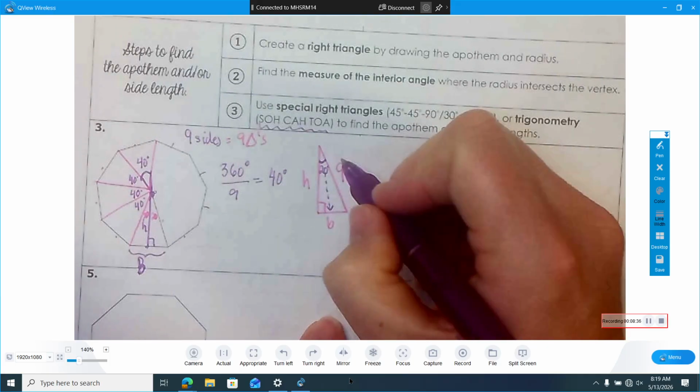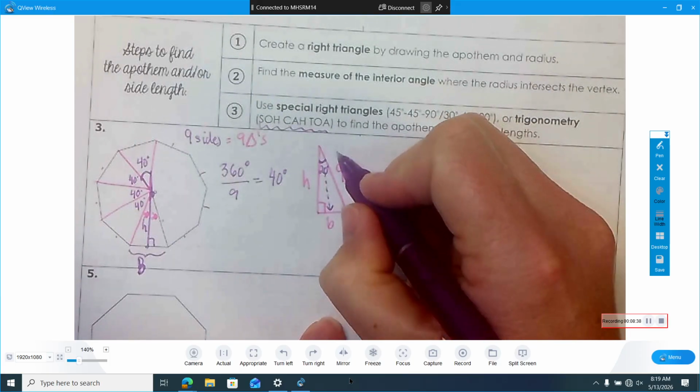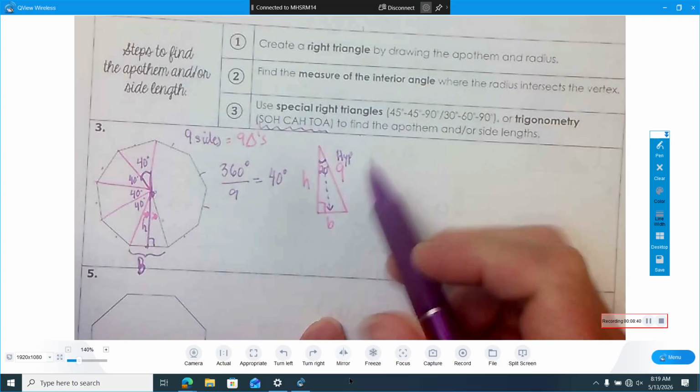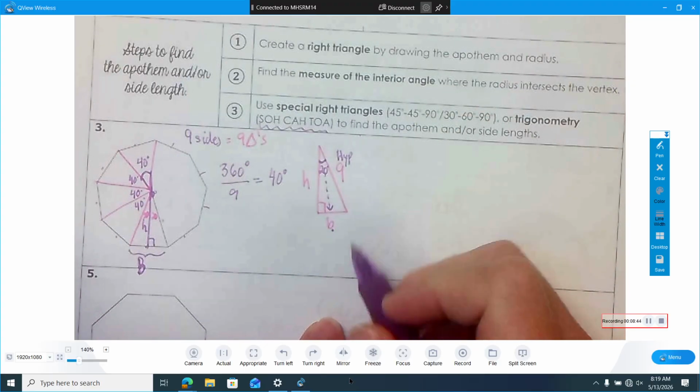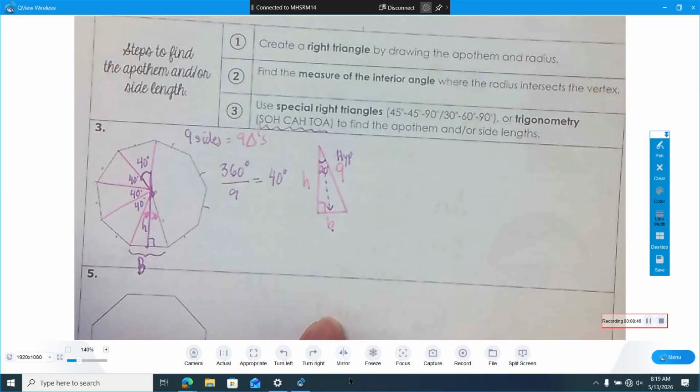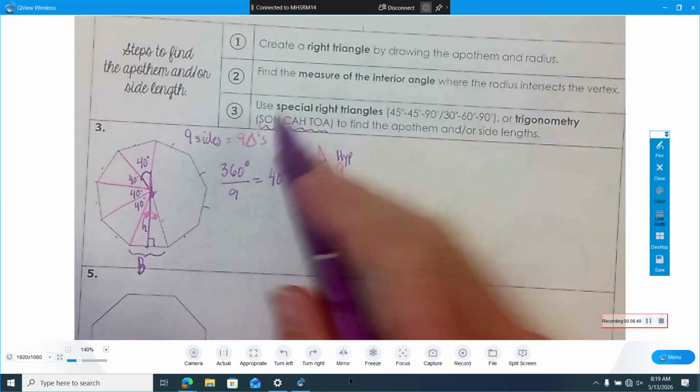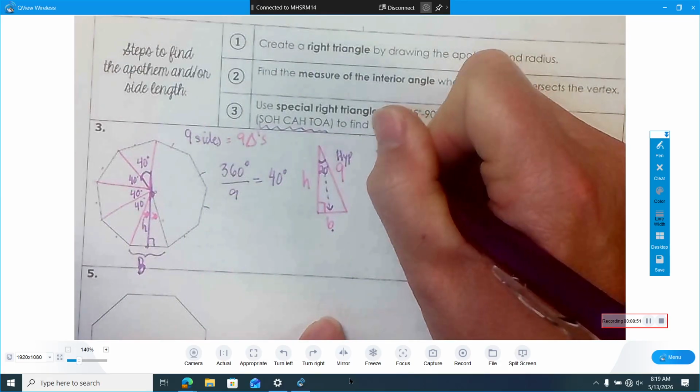I have a hypotenuse, and I have this side. What would you call this side? The opposite, okay. Opposite and hypotenuse is sine. So we're going to set up a sine equation.